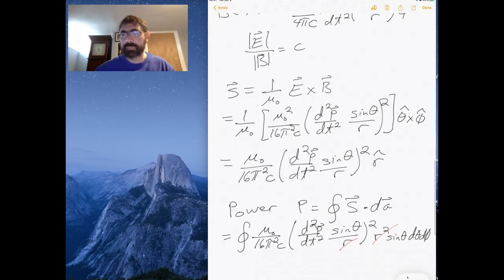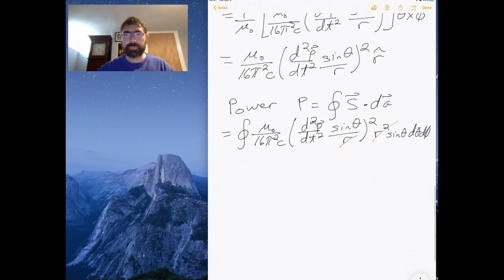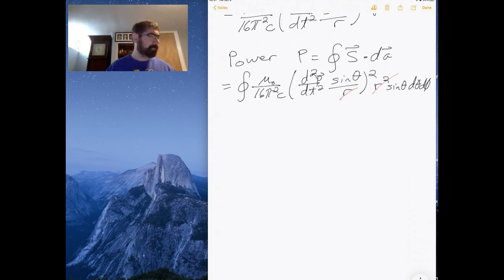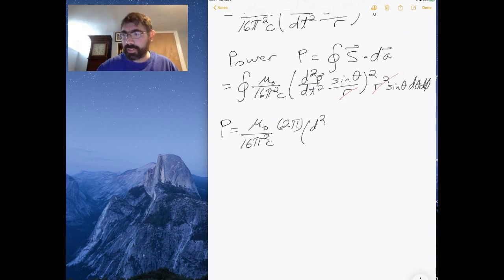So let's work that out. Therefore, I would get the power is mu0 over 16 pi squared c, 2 pi for the phi integral, the second derivative of the electric dipole moment, that is squared, and then I have an integral from 0 to pi of sine cubed theta.